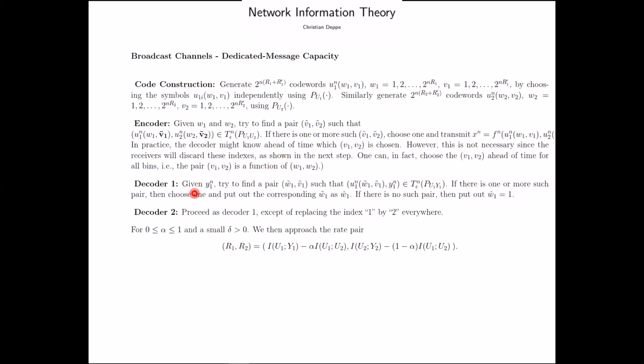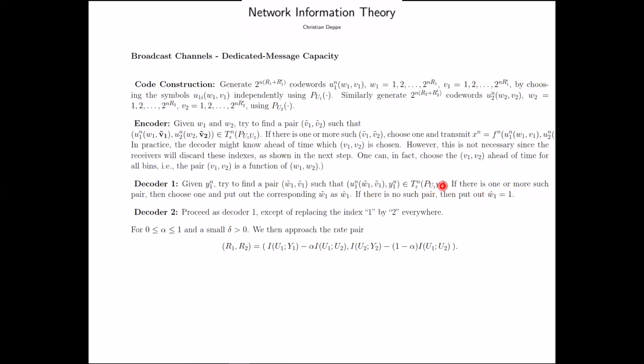Okay, what does the decoder do? Decoder 1 receives Y1^n, and he tries to find a pair W1 tilde and V1 tilde such that U1^n in his codebook, depending on W1 tilde and V1 tilde, and Y1^n is jointly typical with respect to the joint distribution of U1 and Y1.